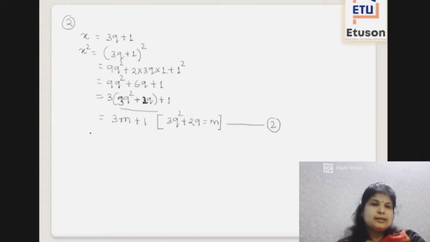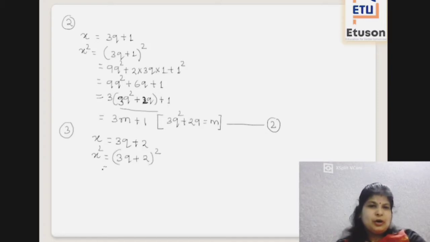Now let us consider the third case. What was the third case? So x is equal to 3q plus 2. So what will be the value of x square? It is very simple. Same a square plus 2ab plus b square formula you have to use. Correct or not? So you will get 9q square plus, here in place of 1, here it is 2.